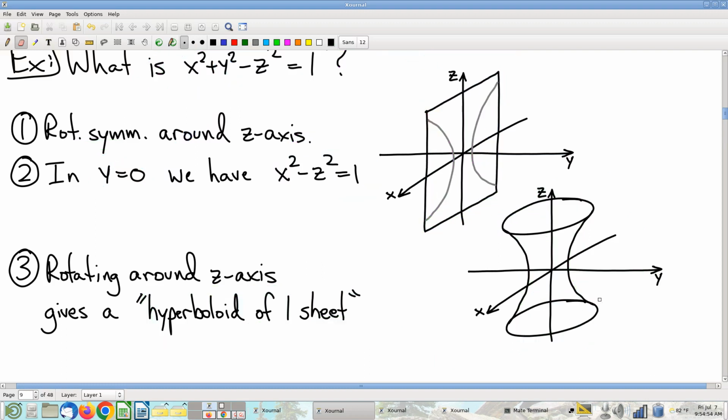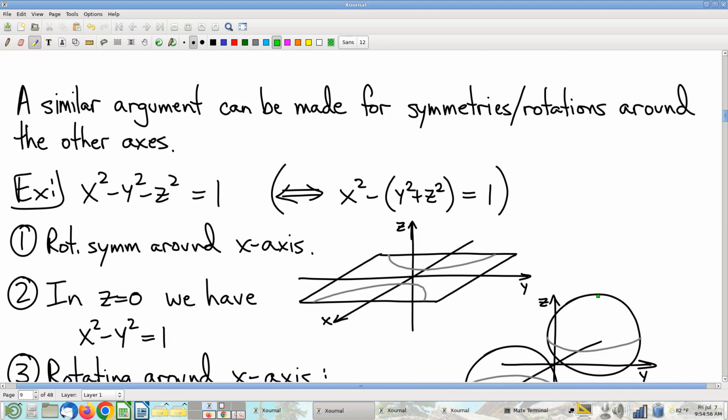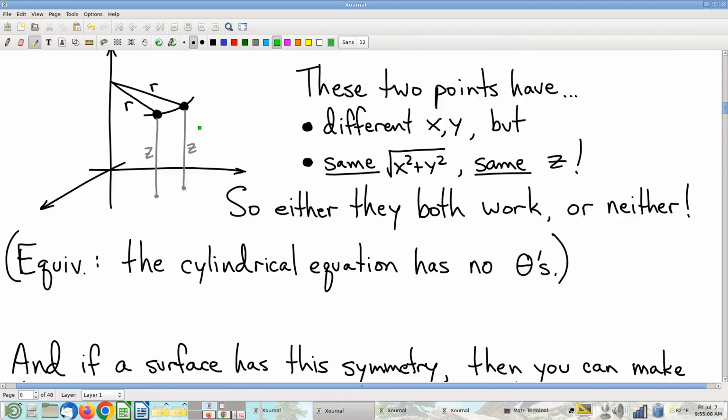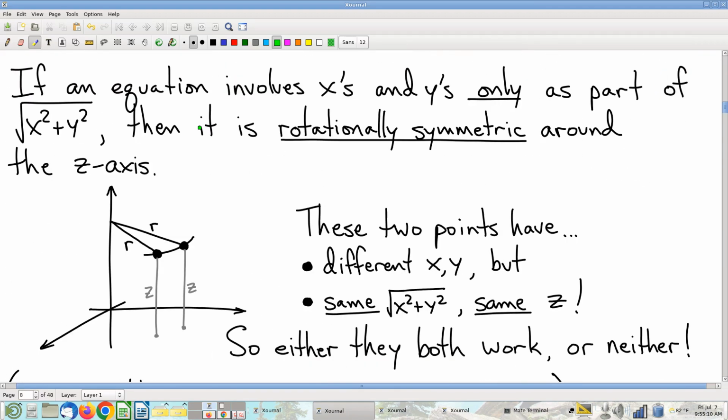Now, let's see here. I think we're going to do one more. There's a similar argument that you can make if you want to talk about rotations and symmetries around other axes. Now, why have we been rotating around the z-axis here? It's pretty arbitrary.